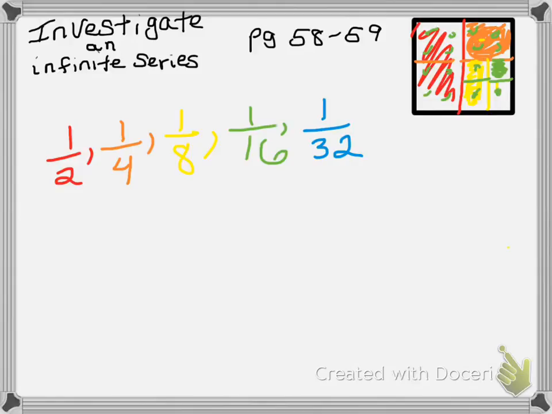So then, the next question asks us to predict the next 2 terms for the sequence. Well, that seems very plausible. How are we going to do that? Well, we're going to multiply by 1/2. And 1 over 32 multiplied by 1/2 is 1/64.